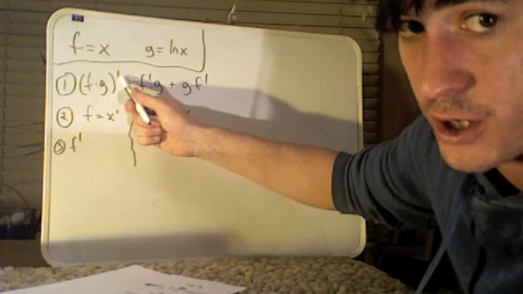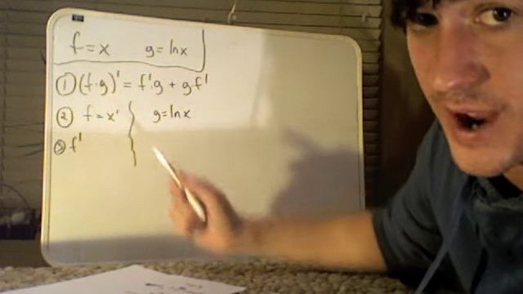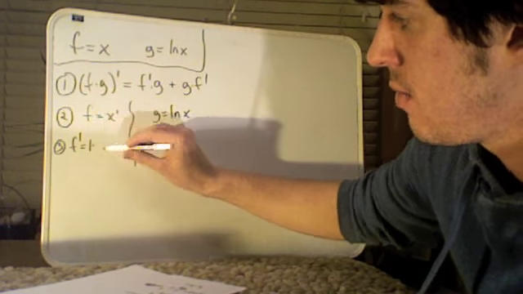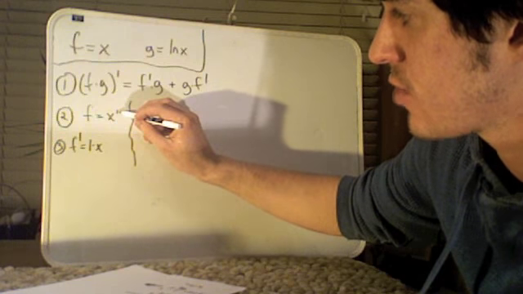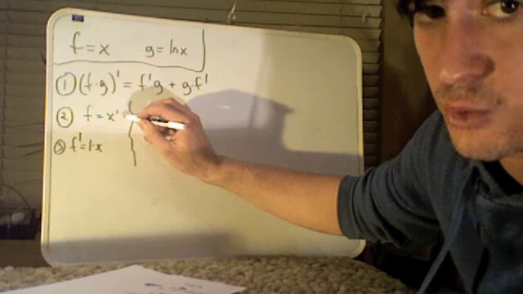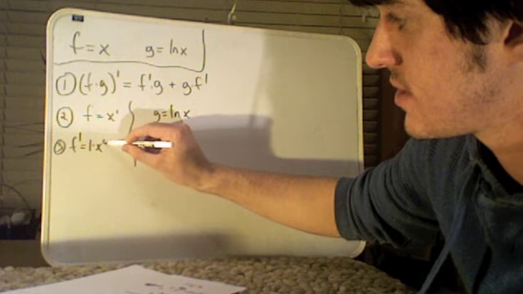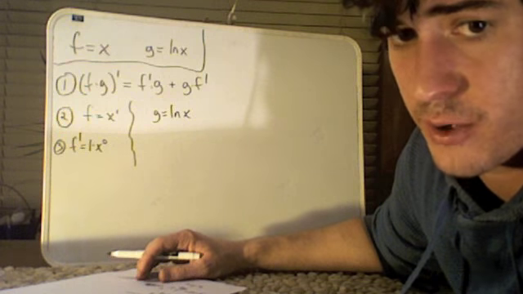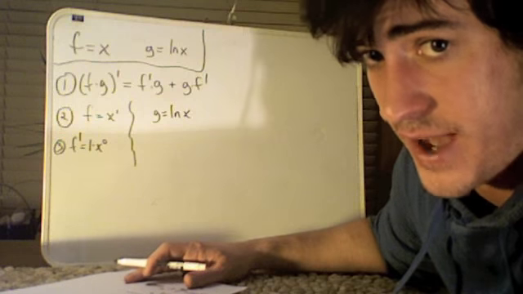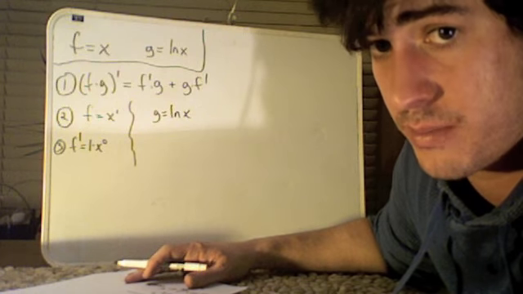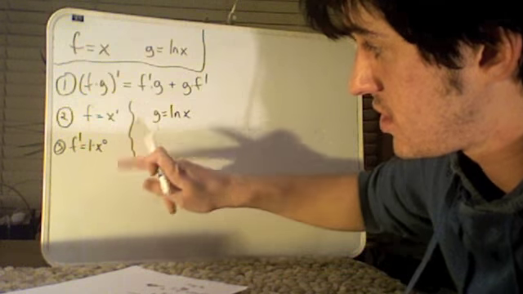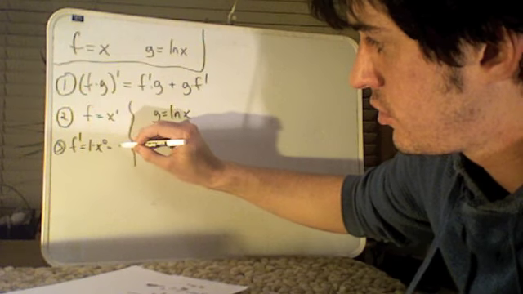That's prime, letting you know it's a derivative. This is just a 1, like x to the power of 1. So you would bring down that 1, multiply it by x, and you'd subtract 1 from that. 1 minus 1 is 0. So you'd have x to the 0. You can open your calculator up and put any number to the power of 0, like 5 to the power of 0, a million billion to the power of 0. Anything to the power of 0 is always 1. So this is just equal to 1.